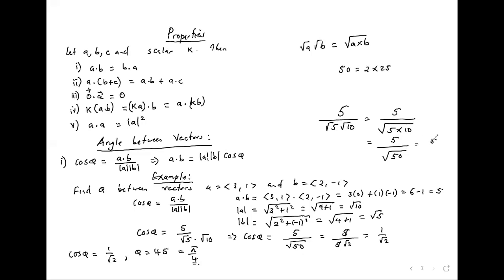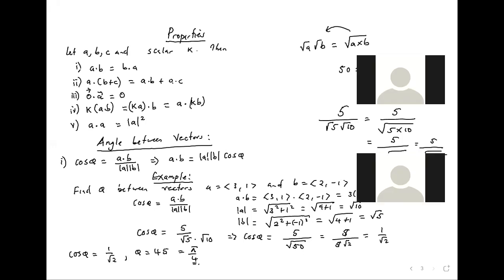So we'll write it as 5 over the root of 2 by 25. And again, separate now in reverse. So this is going to be 5 over root 2 root 25. But root 25 is 5. 5 in 5, 1. So we get 1 over root 2.